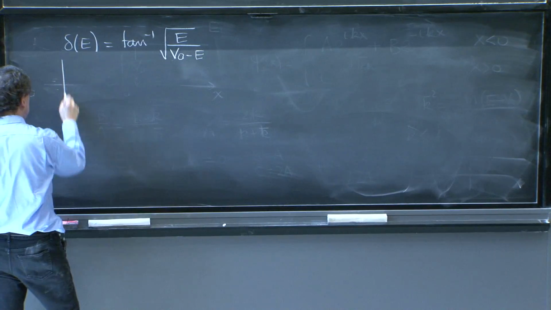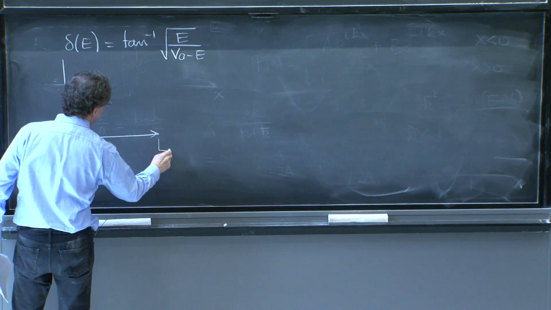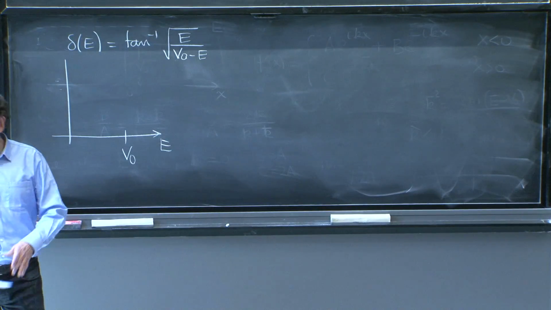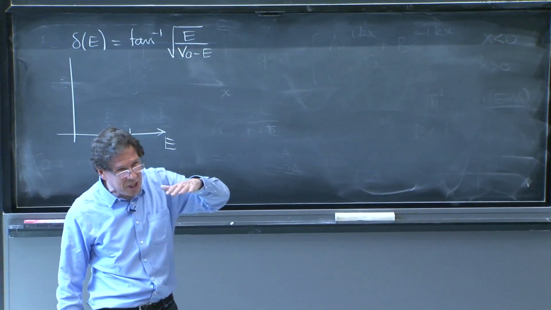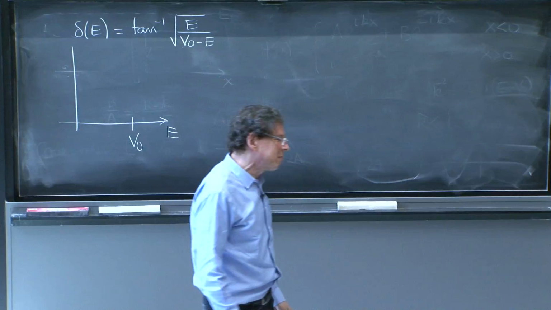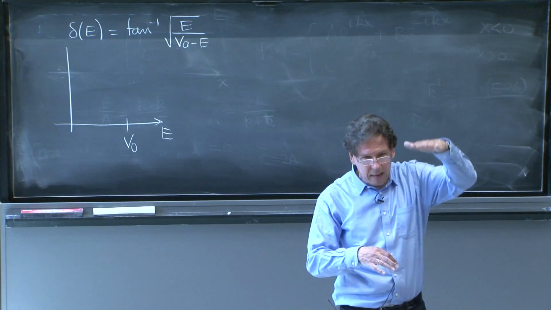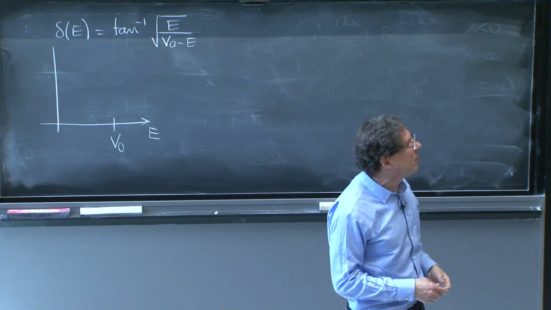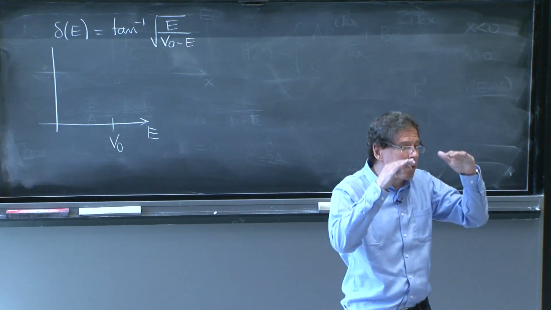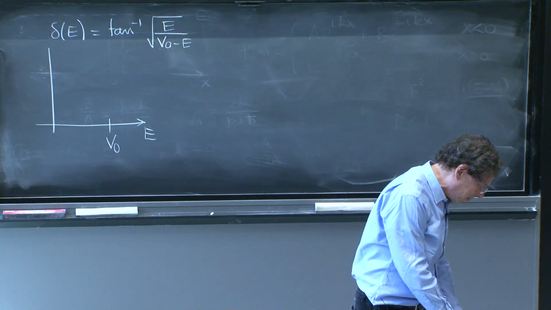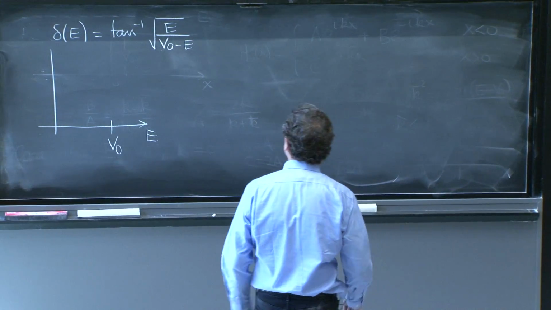This phase shift just applies for energies up to V naught. That corresponds to the fact that we've been solving for energies under the barrier. And if we solve for energies under the barrier, the solutions that we're writing with these complex numbers apply up to energies equal to the barrier, but no more. So we shouldn't plot beyond this place.